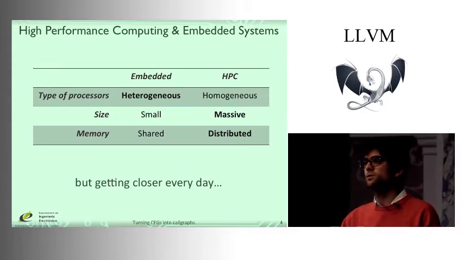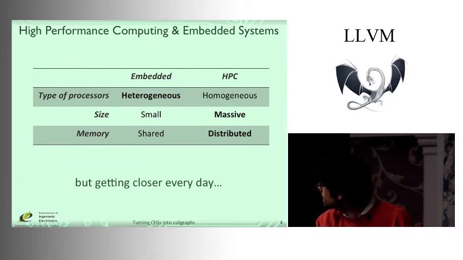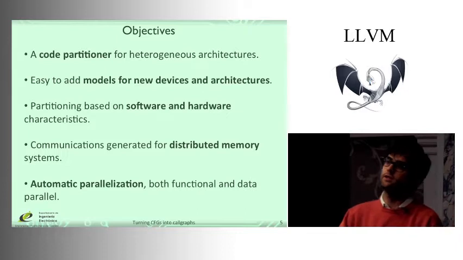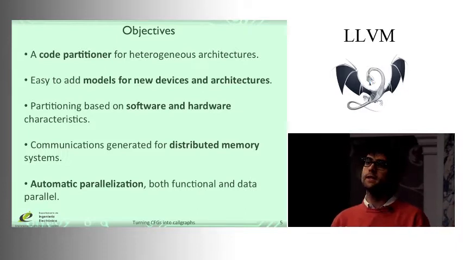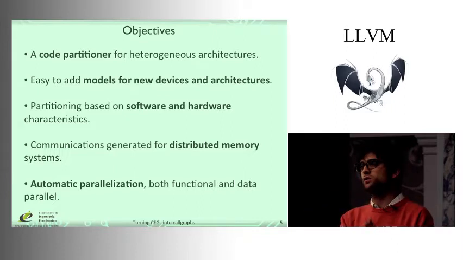So now we're trying to do the same with HPC, with the famous GPU clusters that are the trend nowadays. But the problem is that they're quite difficult to program because you need expertise in a lot of fields. So what we're trying to do here is to make it automatically. So we need a code partitioner for heterogeneous machines, in the sense that it takes our application code and decides which part goes to which device.